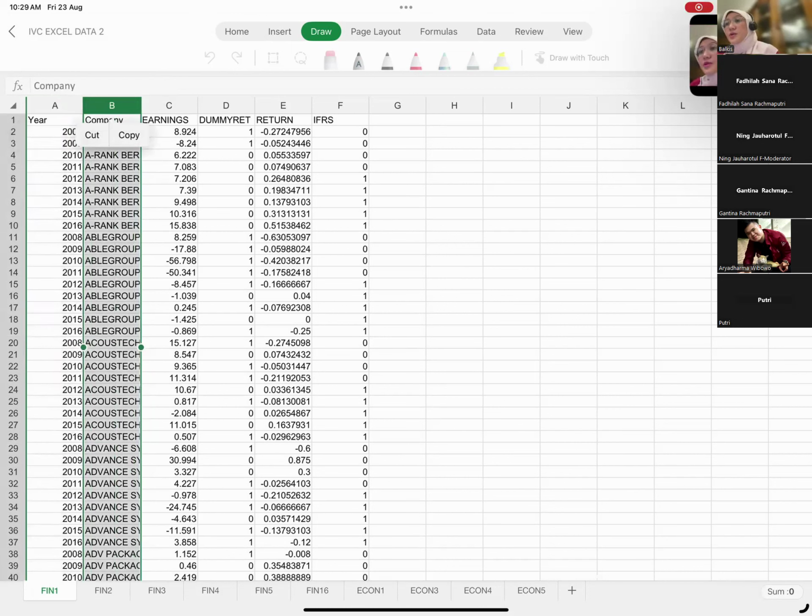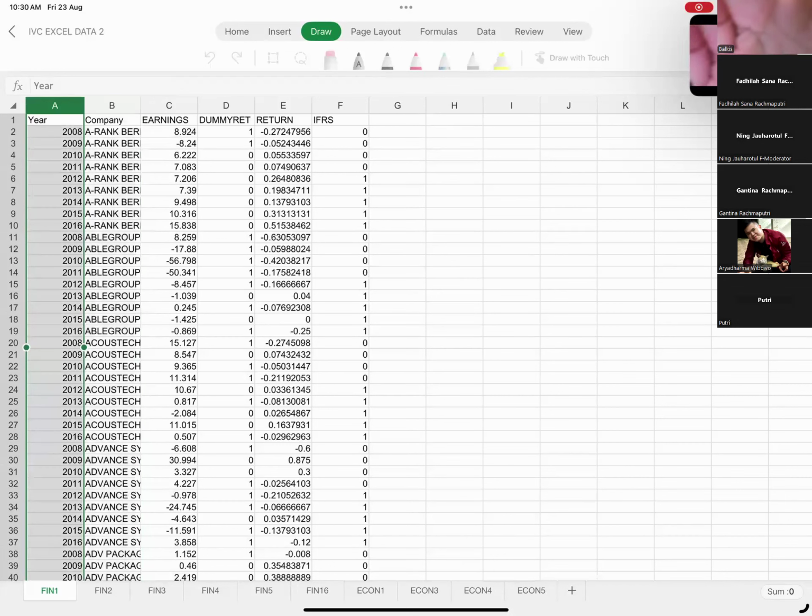I'll show you the unbalanced panel data, sometimes because of the missing data or sometimes because of the establishment of the company itself, where it started late or it started earlier. Therefore, when we select the sample, we select all the available sample regardless of their establishment. So this is a balanced data.